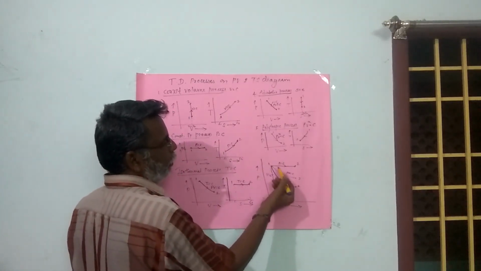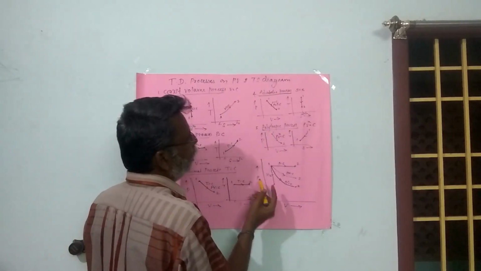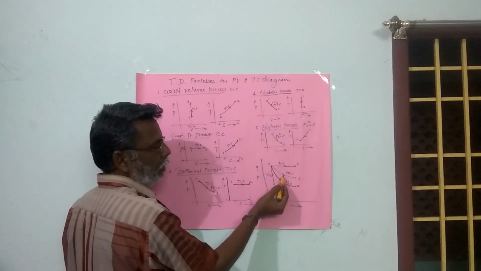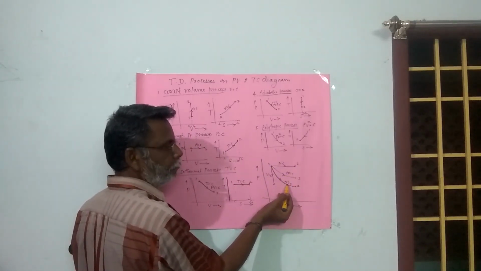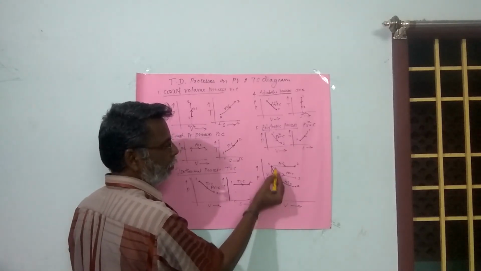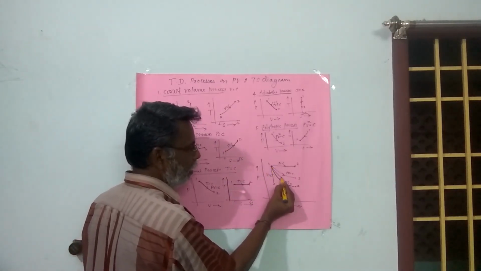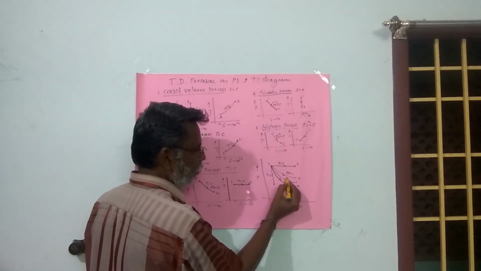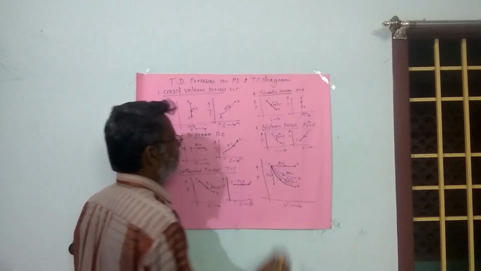And now let me introduce the polytropic process. It comes in between these two curves, that is the isothermal curve and the adiabatic curve. So for the polytropic process, PV to the power of n is equal to constant.